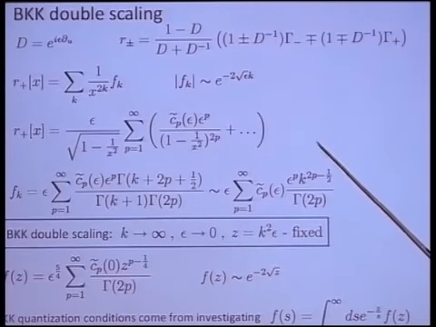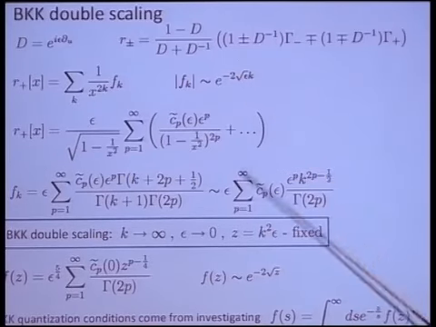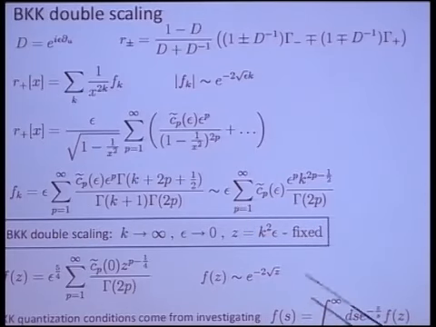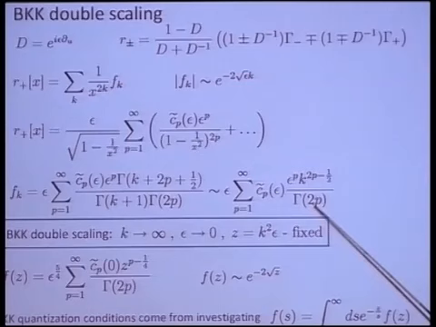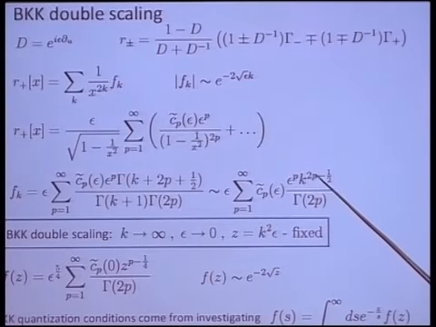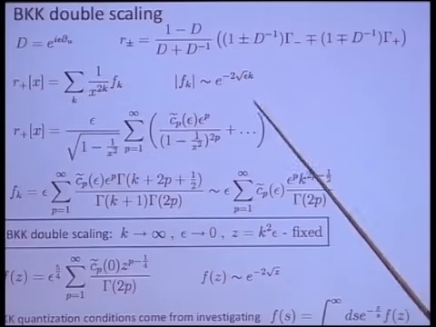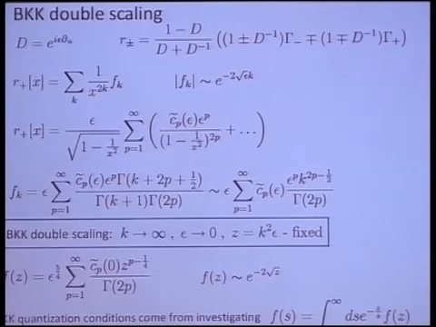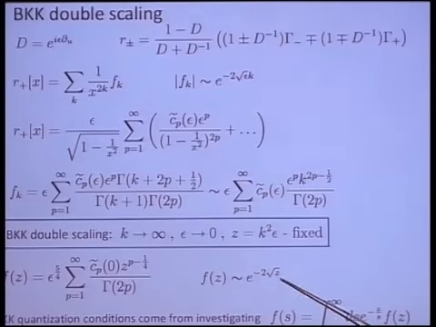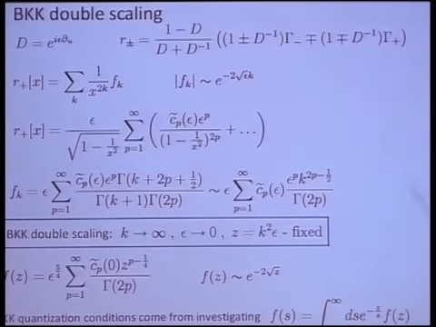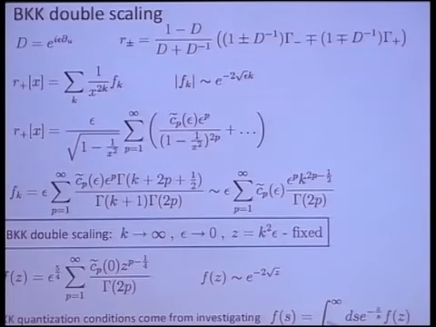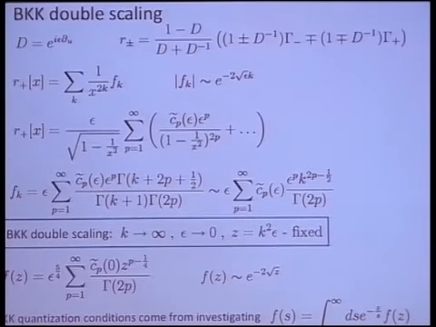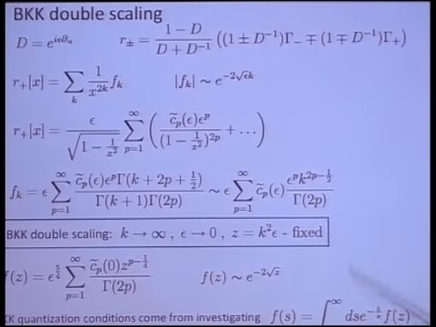So if we want to use this property for k big, going to the epsilon to zero limit, we see from this construction that it's very natural to introduce the BKK double scaling, which was discussed yesterday. We take some function which decreases at infinity as the exponential of minus square root. And then the arguments to make the BKK quantization condition are exactly the same.